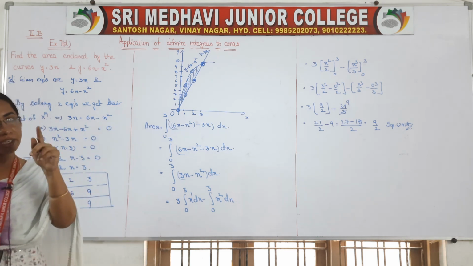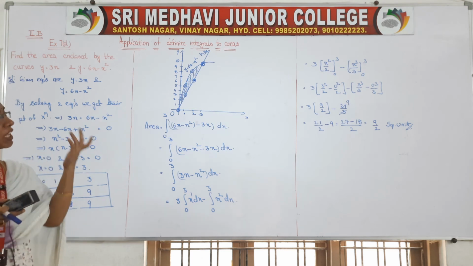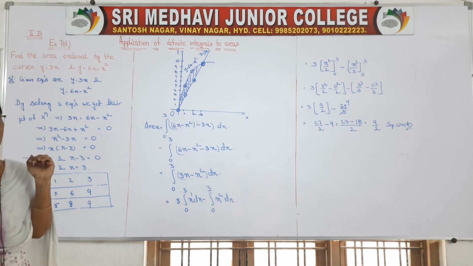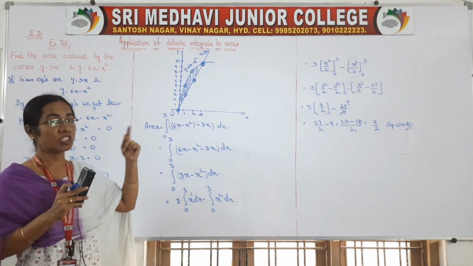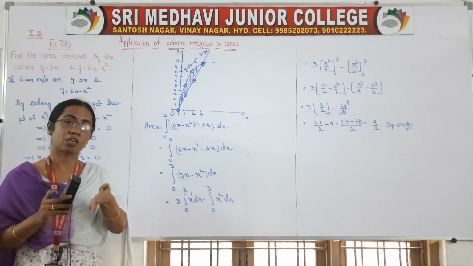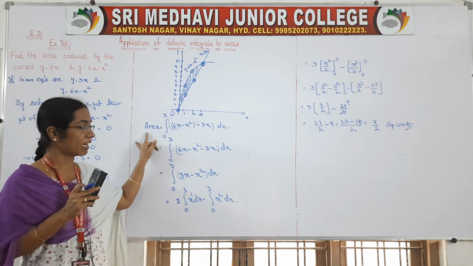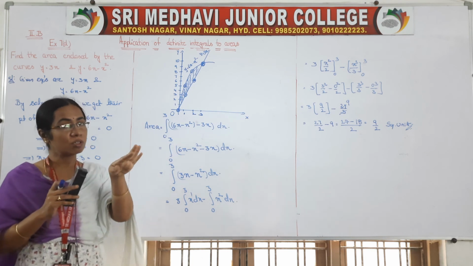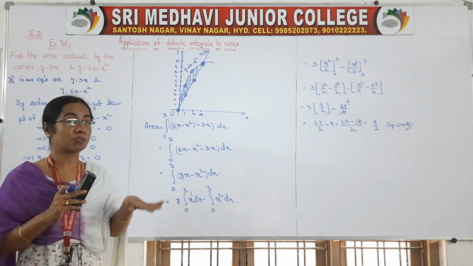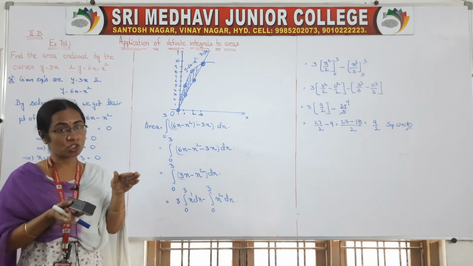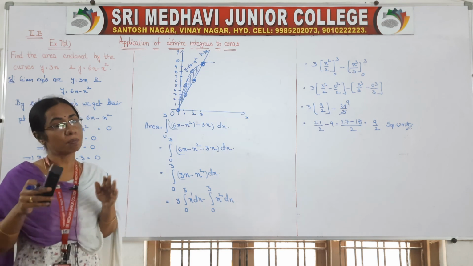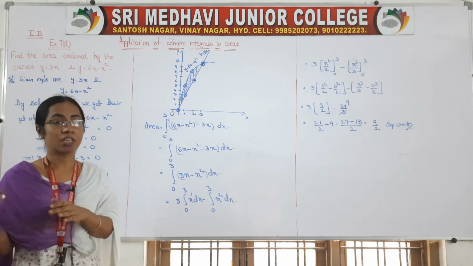After that, locate the area and shade the area in between the two curves, or the curve and line. Then you observe which curve is coming upwards and which one is coming downwards. While finding the area, the curve which comes upwards should be taken first, minus the curve which comes downwards.